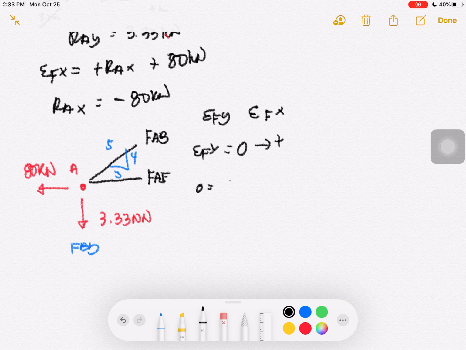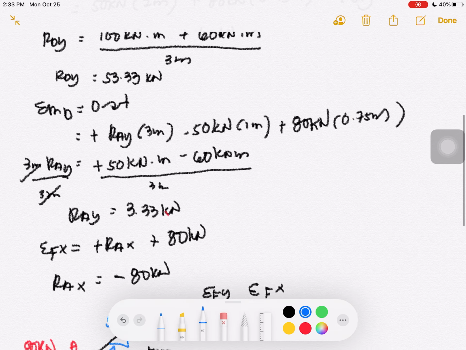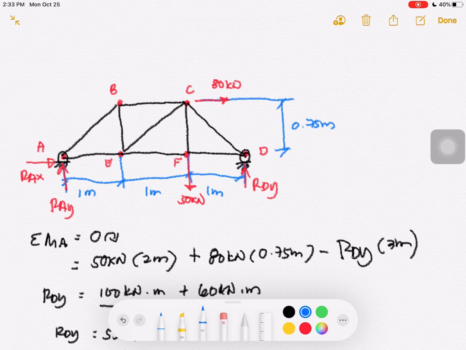Positive FAB, because we could get going up if we get the y component, but we need to multiply the force FAB to what? By the way, let's update this. It's supposed to be 3. So where did that come from? It's just this one. So we have 0.75 and 1 here. We just simplified it so that we no longer have the decimal point here.